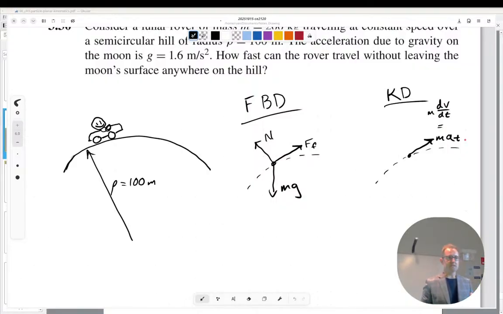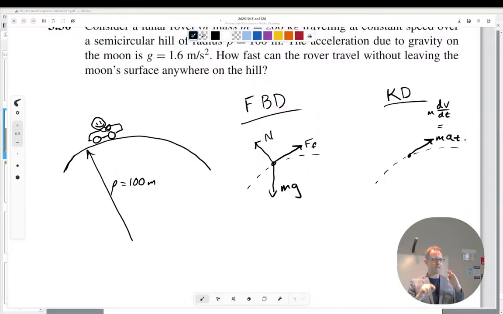Kind of a weird thing to do, but the nice part is that this tangent acceleration is a change in speed along that curve. So we can say tangent acceleration is dv dt. As we're going up and over, we're moving at a constant speed, so our dv dt is 0.